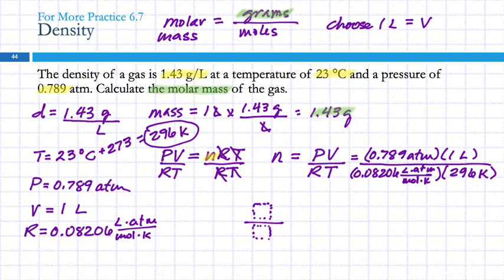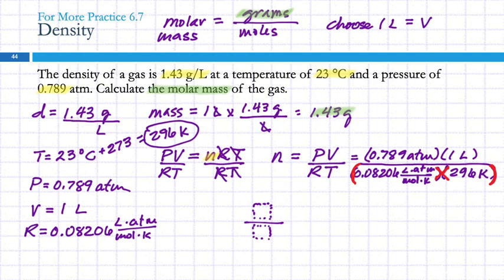Go ahead and do that. If your calculator does not do that, everybody wants to multiply here. If you're going to do that, you have to put parentheses around the bottom. Otherwise, you'll be off by a factor of 296 squared, which would not be good.